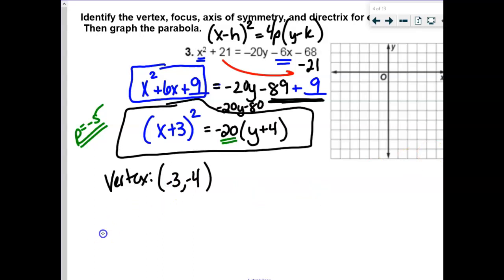Let's talk about the focus. So a vertical parabola, I'm stealing this off my formula card if I'm stuck. But this is where fluency comes with practice. I don't want you guys scrambling on your test on Thursday, going back to your formula card for every little tiny detail. I don't want you having to go back to your card for every single piece of this conic because you're going to run out of time.